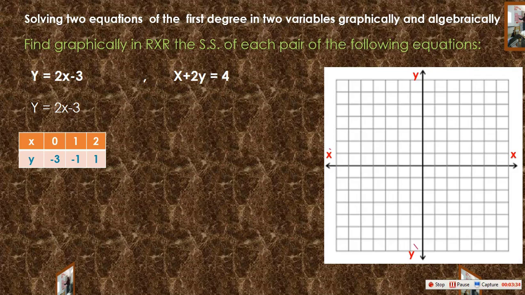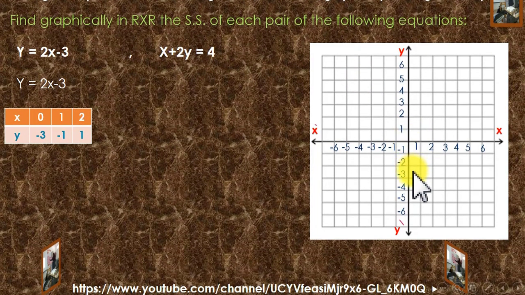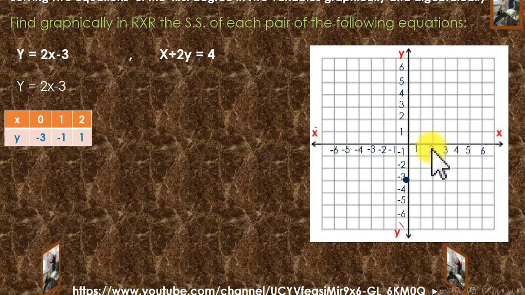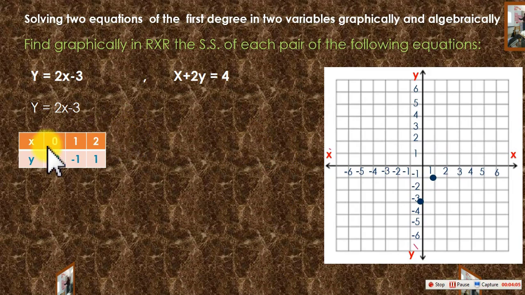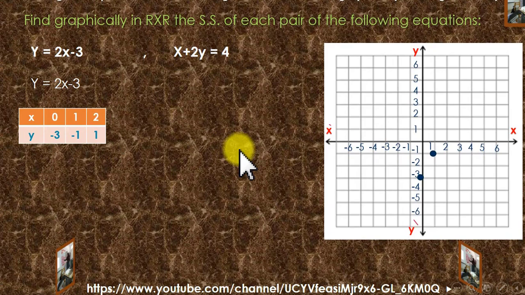As x equals 0, y equals negative 3. The first ordered pair is 0 and negative 3. As x equals 1, y equals negative 1. The second ordered pair is 1 and negative 1. As x equals 2, y equals 1. So the third ordered pair is 2 and 1.